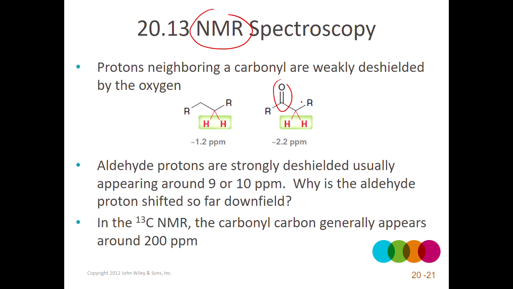So if you have a ketone, you want to be aware that any carbon that's one away from the carbonyl carbon, those protons are going to be slightly de-shielded by the oxygen pulling electrons away, which pulls a little bit of electrons away here, which pulls a tiny bit of electrons away there. So that slightly de-shields the hydrogens and causes their shift to be increased by about 1 ppm from where it would normally be.